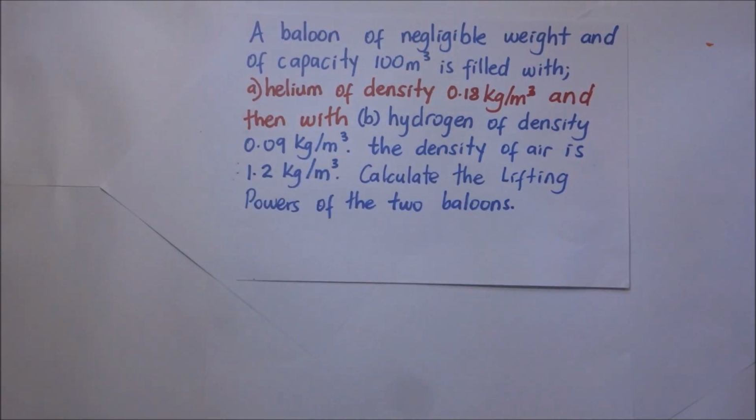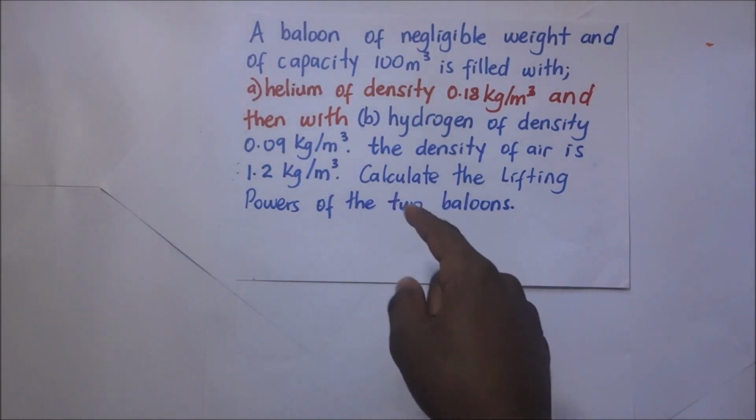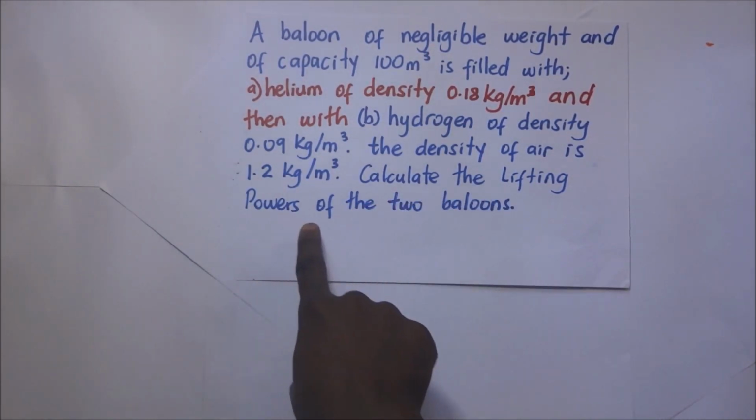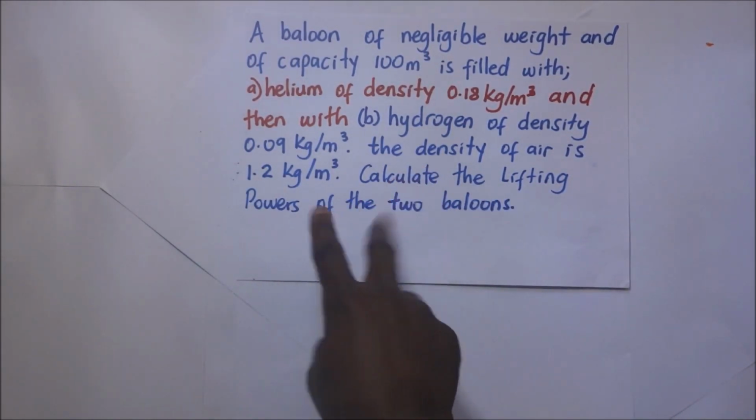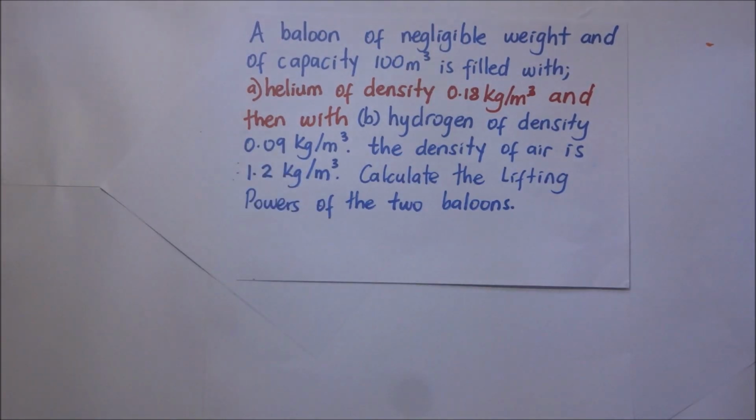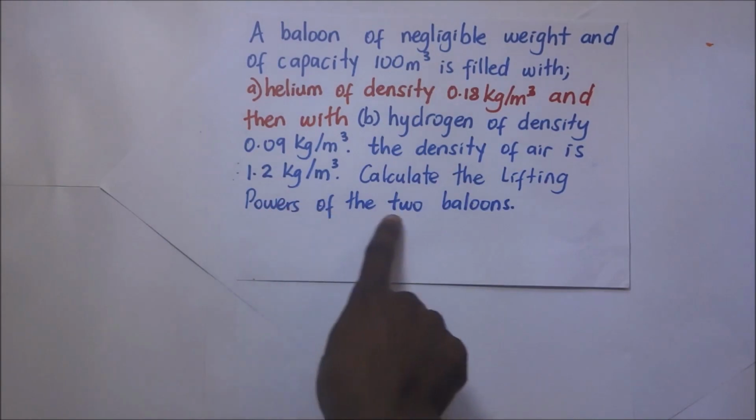That's why balloons are able to float in air. They are able to advance up high because there is an upthrust force acting on them. Now, this lifting power they are talking about is actually the upthrust force acting on these balloons. And we are required to calculate the lifting powers on the two balloons.